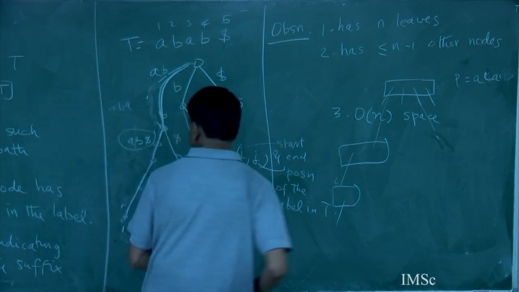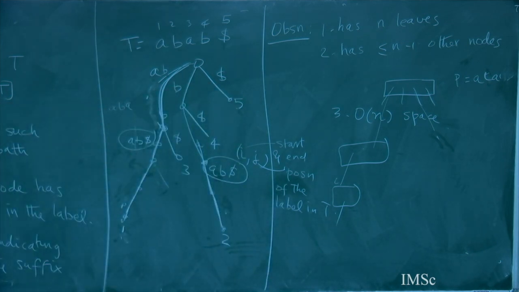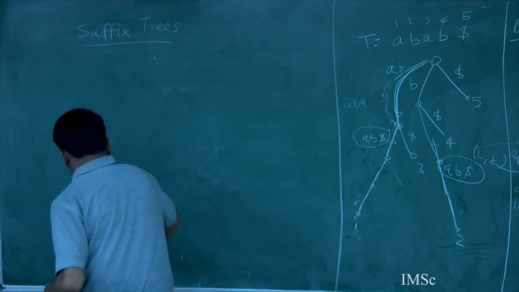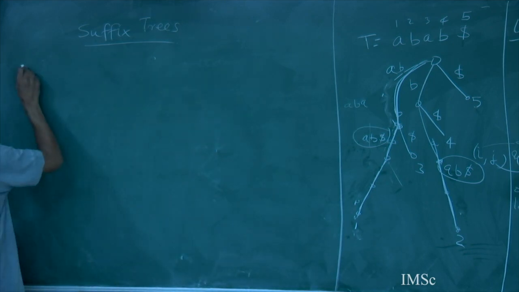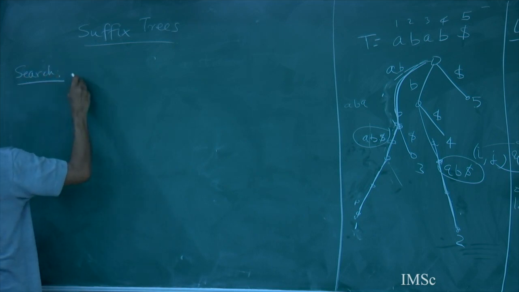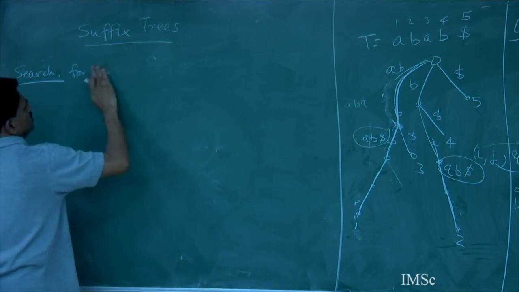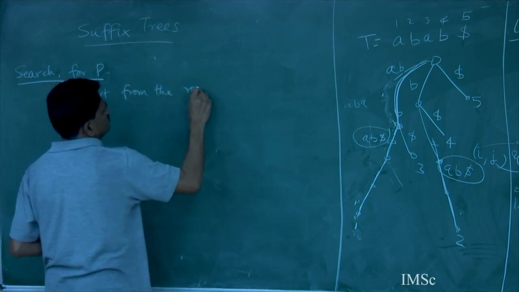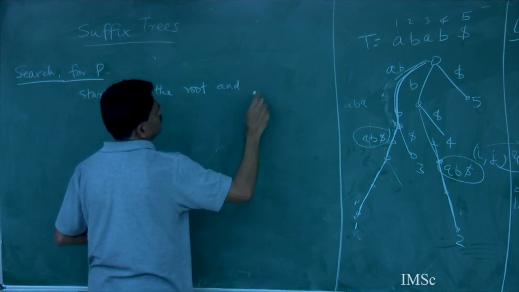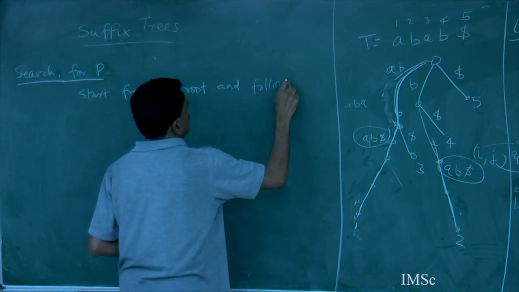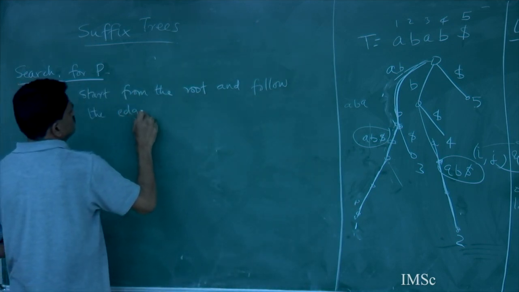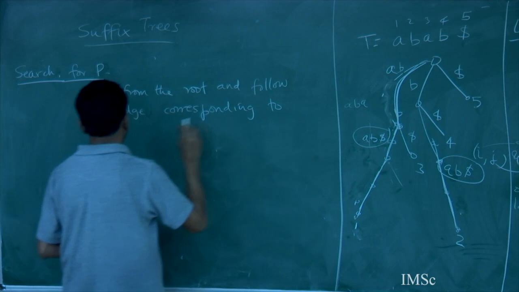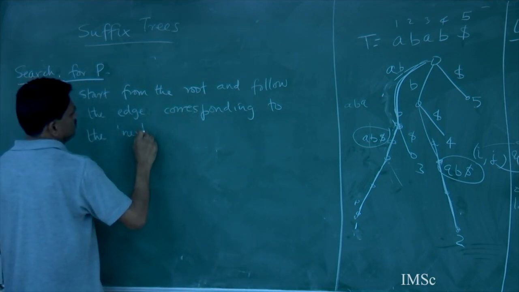Search for P: start from the root and follow the edges matching the next character.